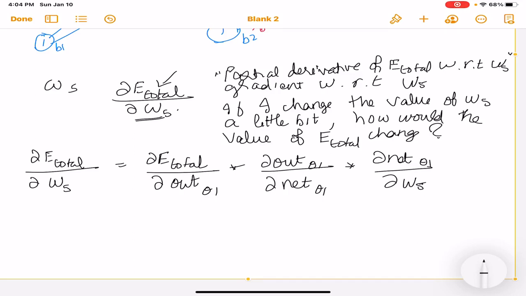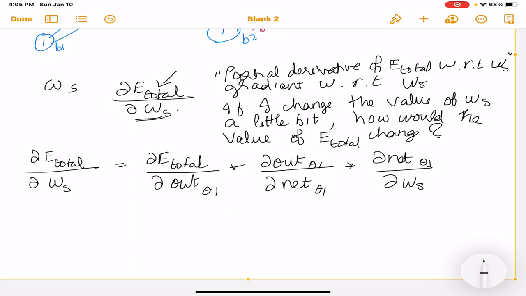Imagine this is like a multiplication, so the dou out O1 and dou net O1 terms cancel out, and you are left with dou E total and dou W5. This is how the chain rule works.